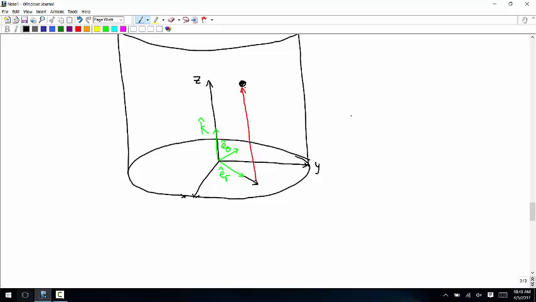And you derive it exactly the same way. The z-axis doesn't change orientation, and so nothing interesting happens there.